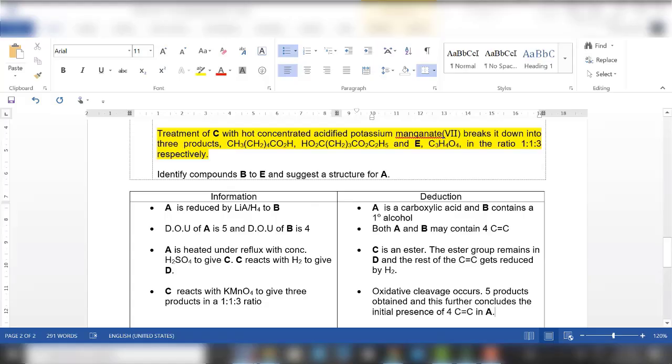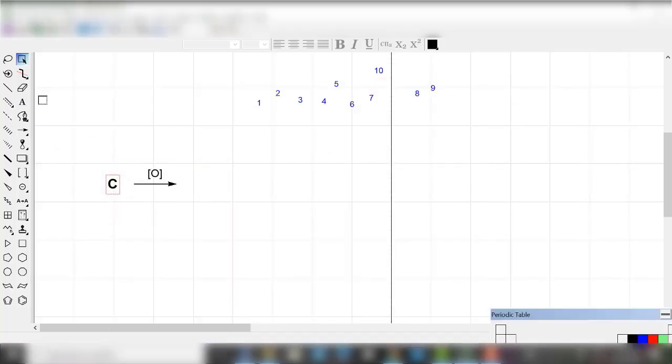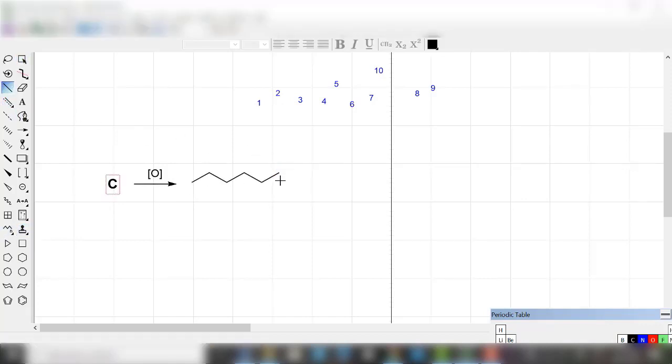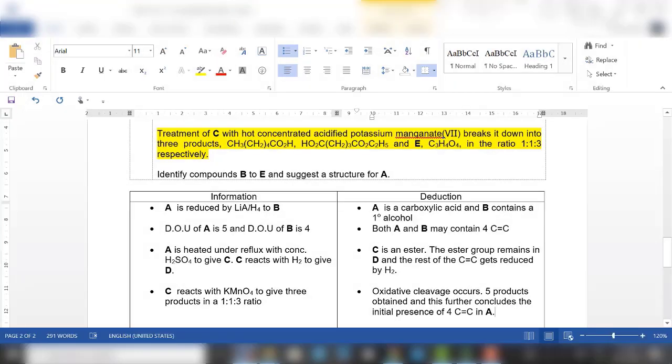Okay, so we're going to go back to this. So the first compound is actually hexanedioic acid. Okay, so I think we're going to draw this pretty nicely. Okay, that's it. And then the next compound is the ester part.